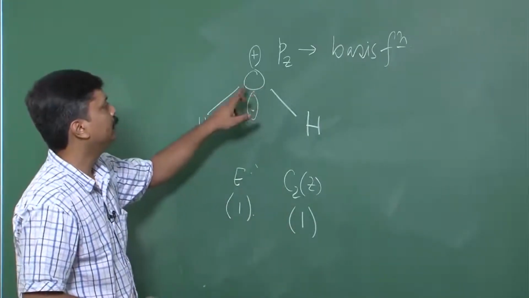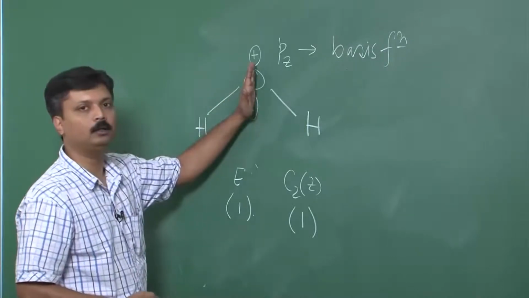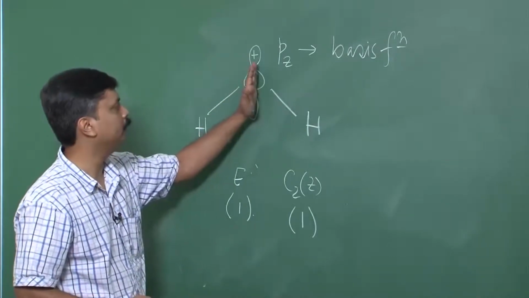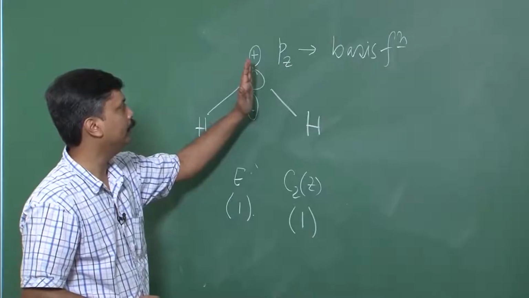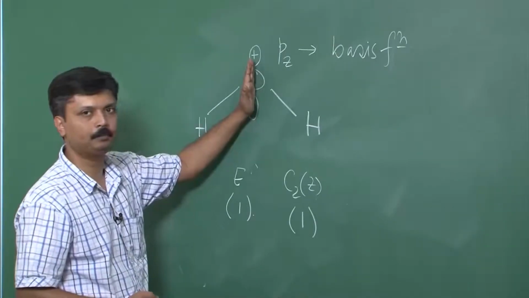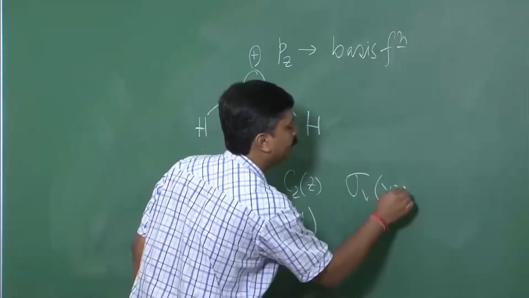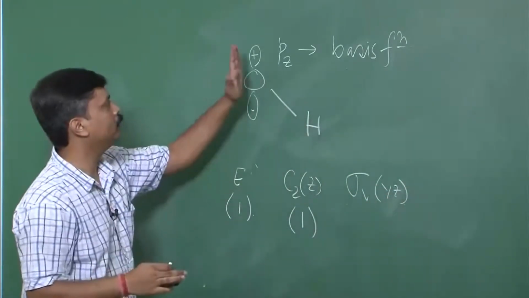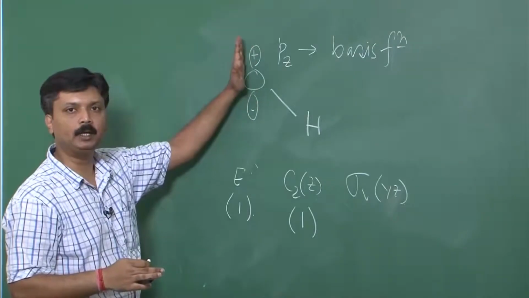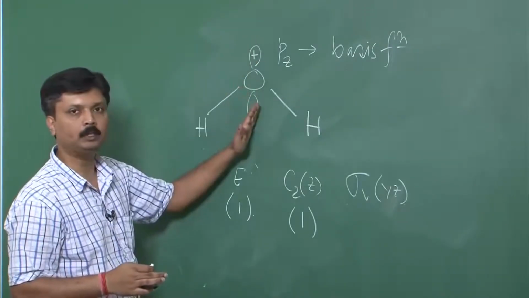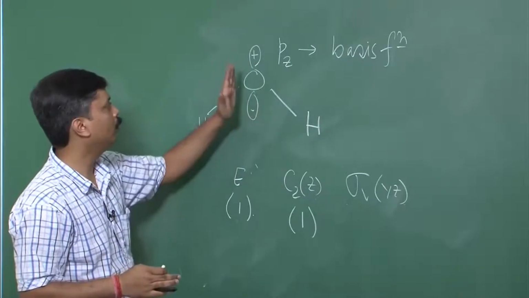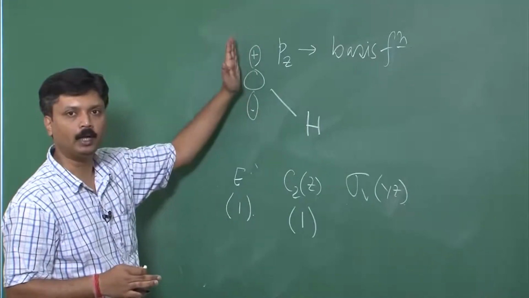If I operate sigma v in this way, say sigma v xz, this is say yz. So sigma v yz is not going to alter this pz orbital. This plus will remain plus, minus will remain minus. So one half is just the mirror image of the other half.